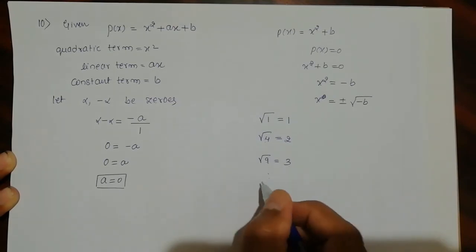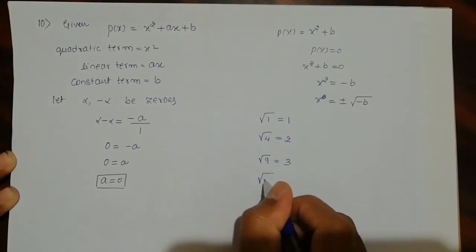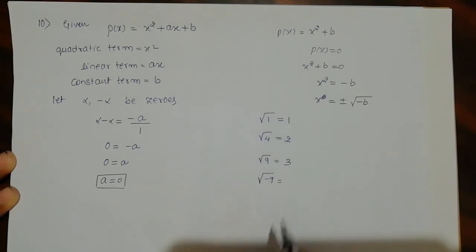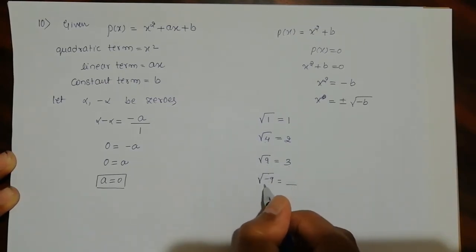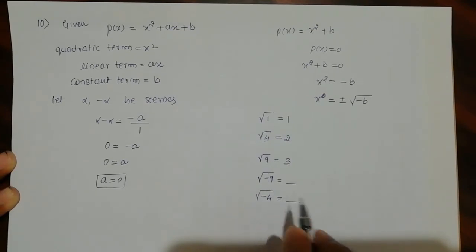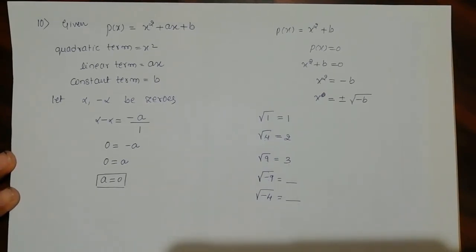Now suppose square root of minus 9 is there. Let us imagine like this. Can you tell me whose square is minus 9? In the same sense, if I write square root of minus 4, can you tell me whose square is minus 4? Just think about this.